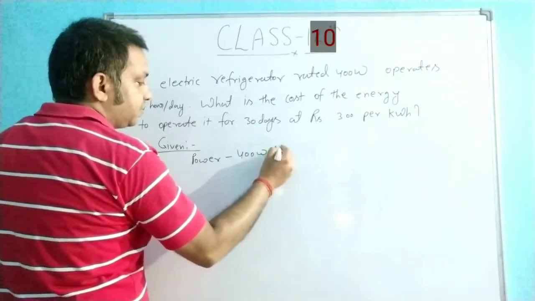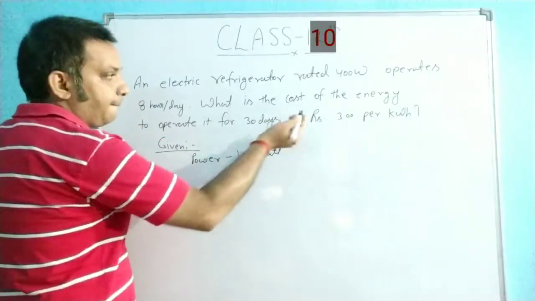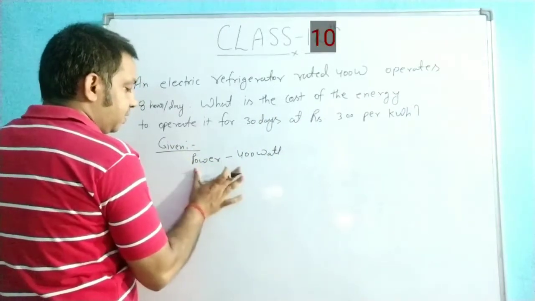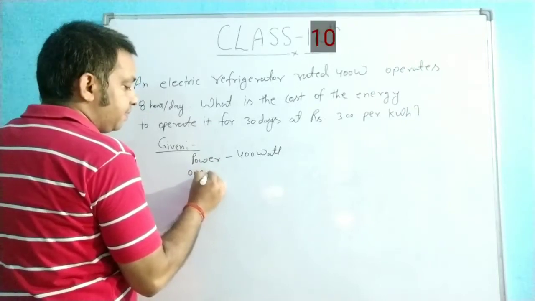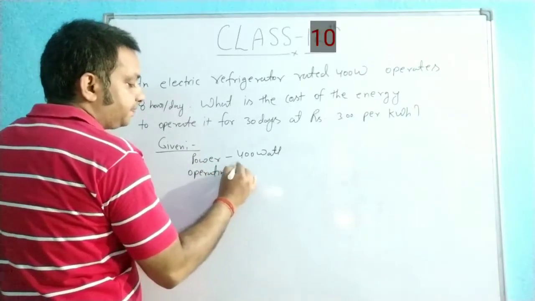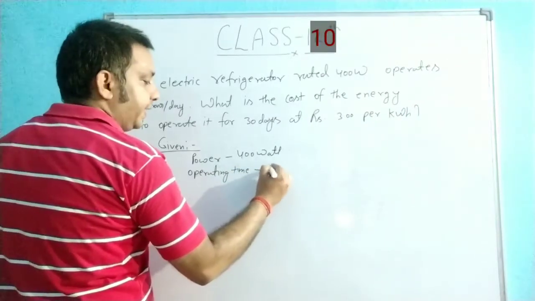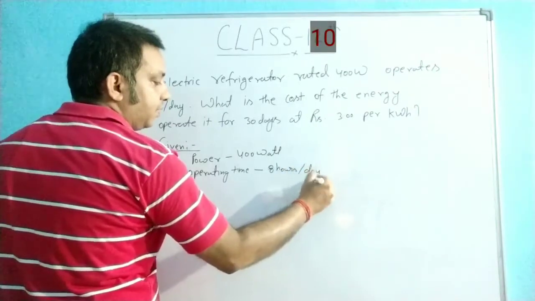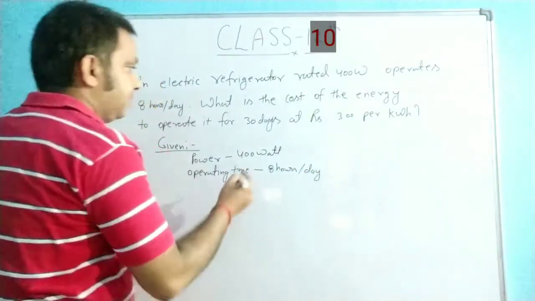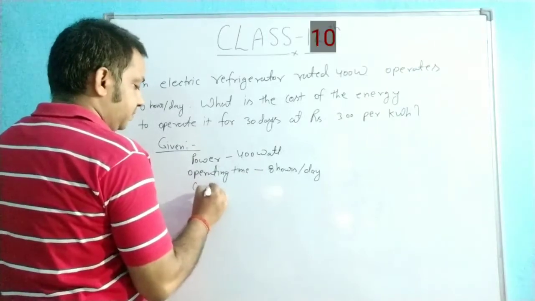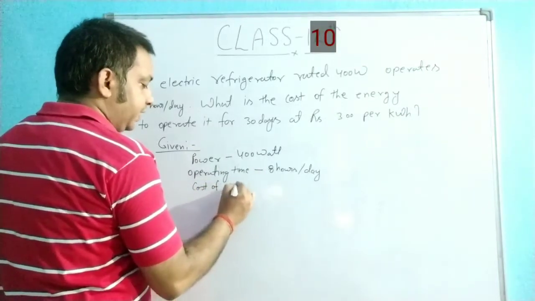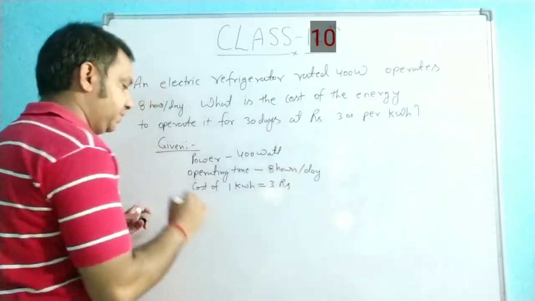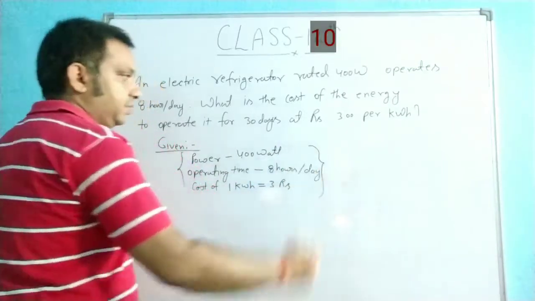The operating time is 8 hours per day, and the cost of 1 kWh is equal to 3 rupees. So these three values are given in the question.